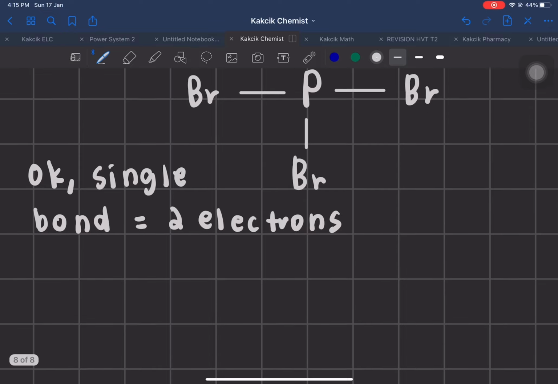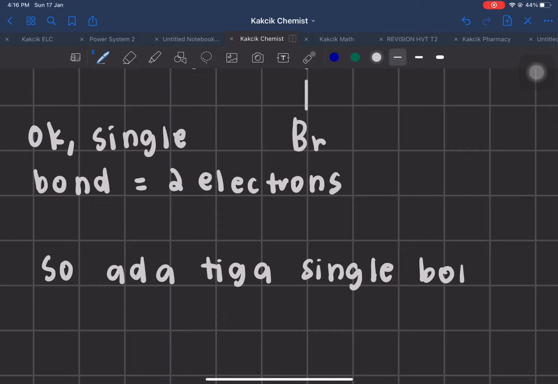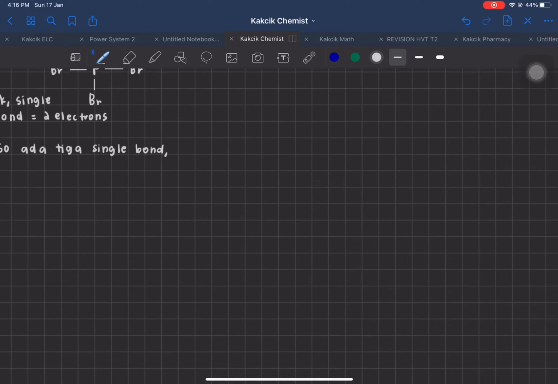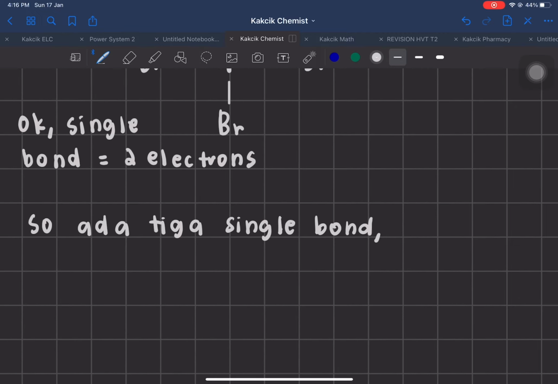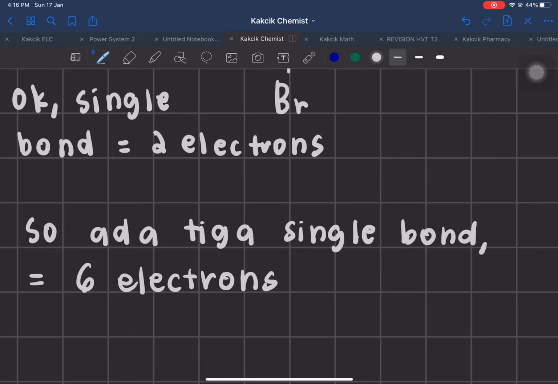Okay, so macam yang kita tahu, single bond is equal to 2 electrons. Bila kita nak gabung, bila kita nak buat satu bond, so P and those bromine, mestilah kena ada satu bond yang akan gabungkan dia kan. So those bonds equal to 2 electrons. So ada 3 bond dekat situ, so it is equal to 6 electrons.